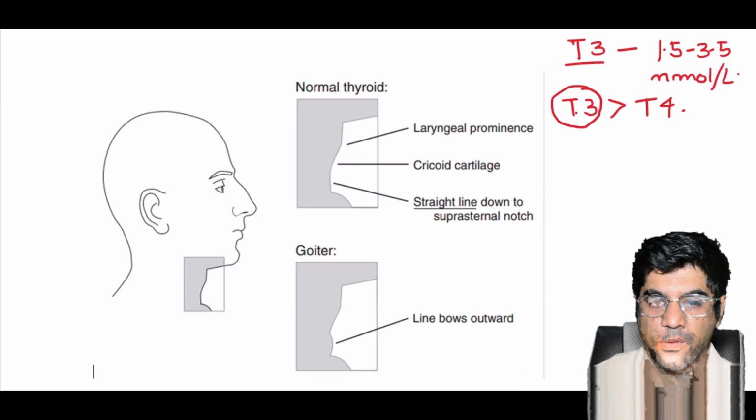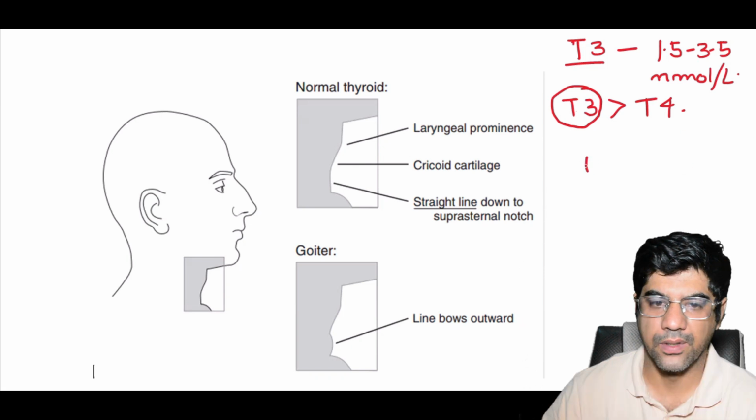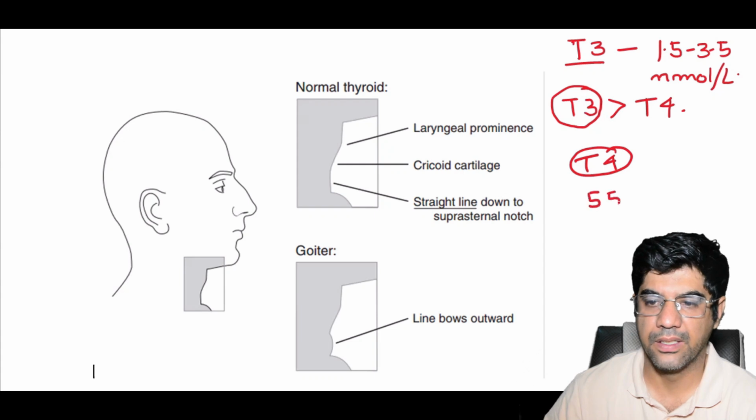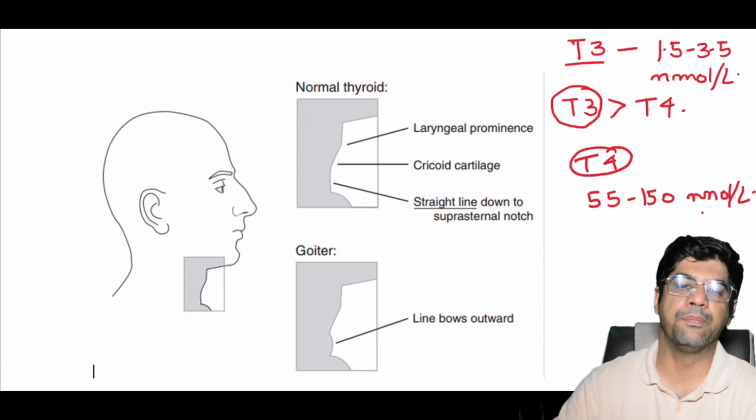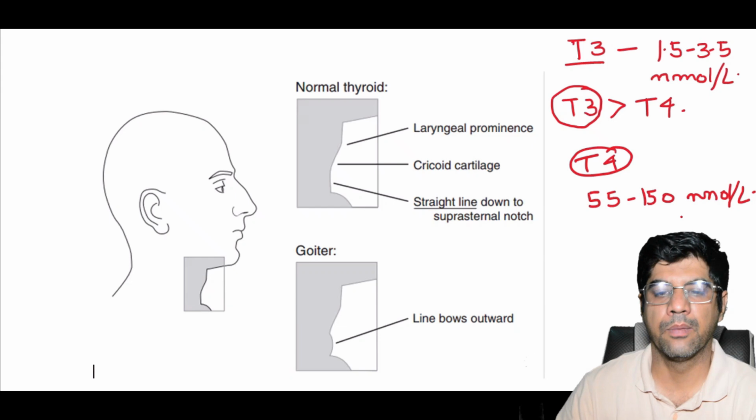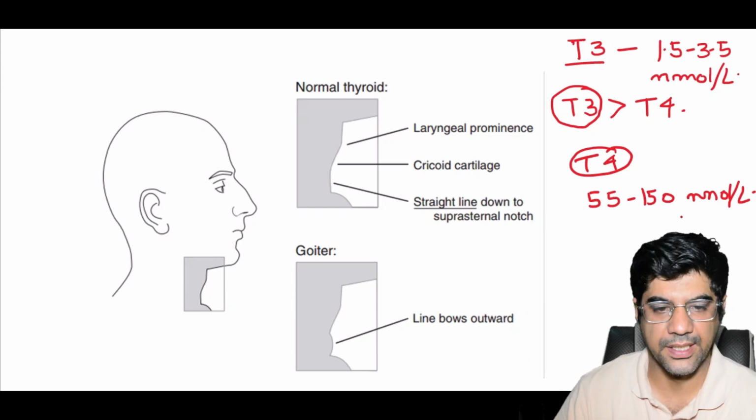The next is serum T4. The normal level is 55 to 150 nanomole per liter. So T4 is the predominant hormone that is produced by the thyroid in the normal state.